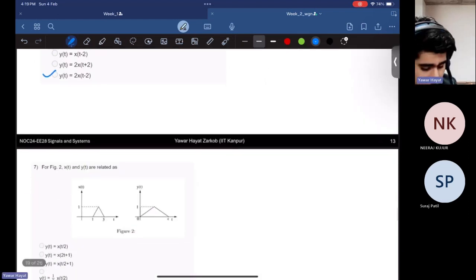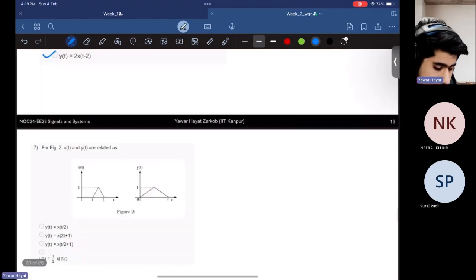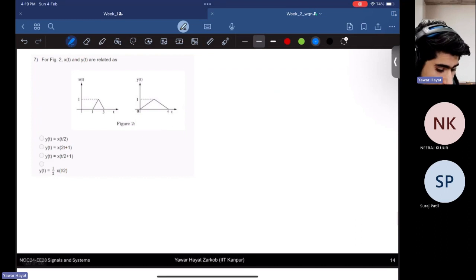Was this clear for other people as well? I hope this was pretty straightforward. Okay. Now for this figure, x of t and y of t, you need to establish a relation between these two. Think carefully on this one.